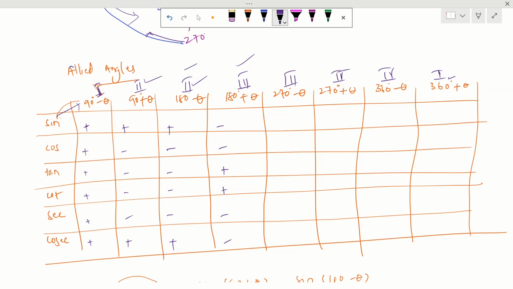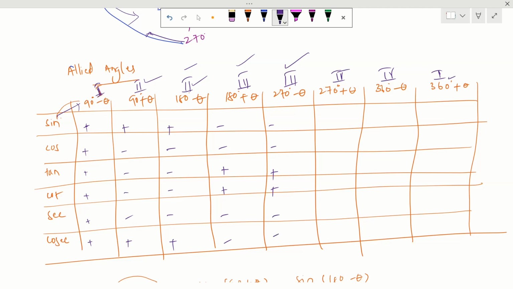And 270 minus theta is in the third quadrant, so the notations are the same as in the third quadrant table.